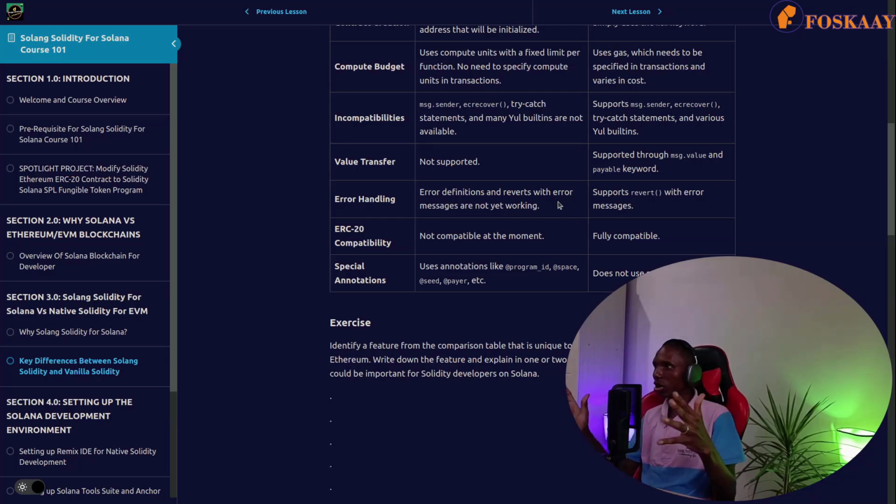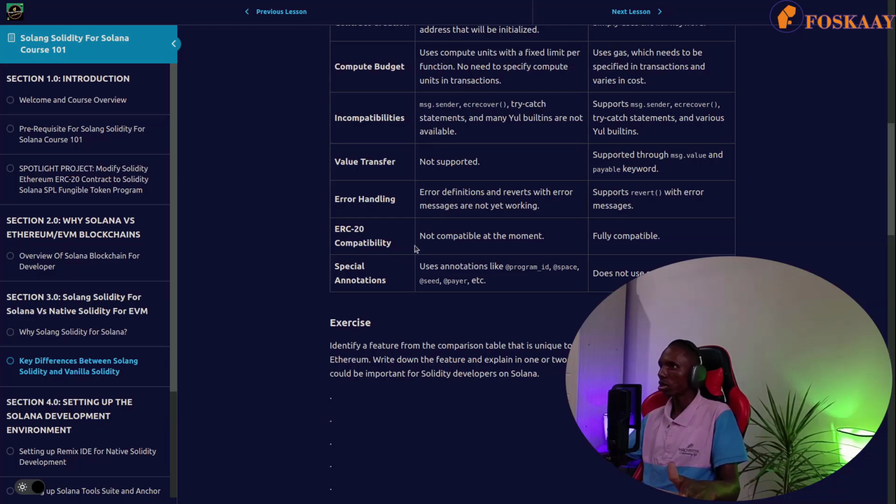Those are the things you will see in vanilla Solidity for EVM. But probably in future. For now you may use revert, but you won't be able to add that second argument, which gives what actually went wrong. We'll still see it when we are into the code, practical 1.